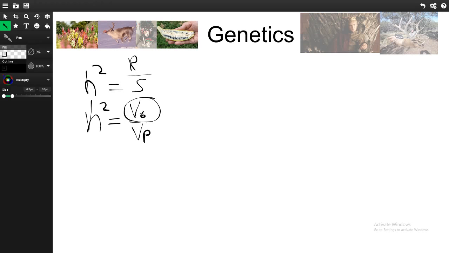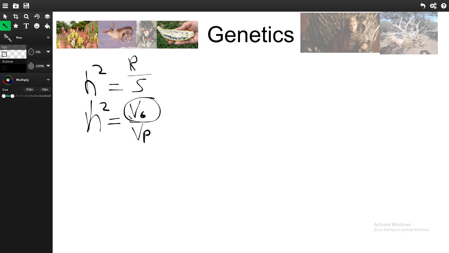Now you can derive from this equation that if genetic variation is low, heritability is low, which means that if any selection happens, the species won't respond well to it. So if, for example, there's negative selection, selection that reduces fitness, and the species can't respond well to it, then it won't turn out too well for that species.